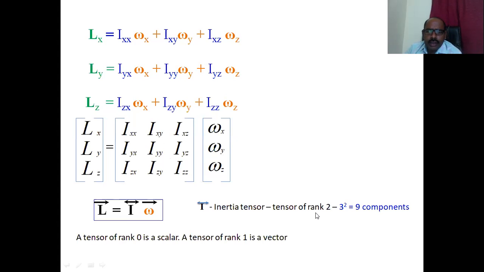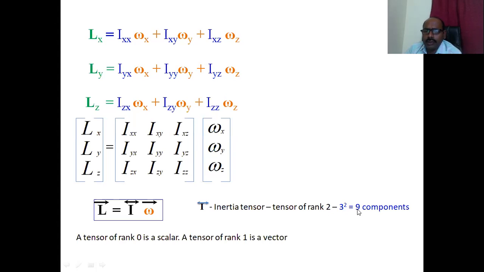So moment of inertia is a tensor of rank 2. Generally a tensor of rank 2 contains 9 components, and that depends on the degrees of freedom. Here 3 is the degrees of freedom and 2 is the rank of the tensor. So in that way we are having this.